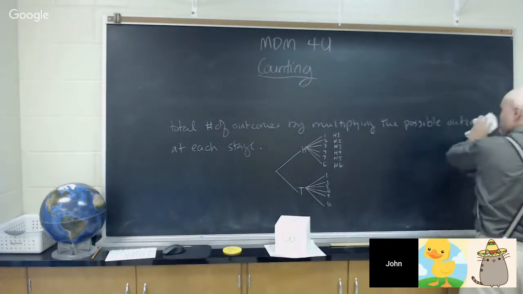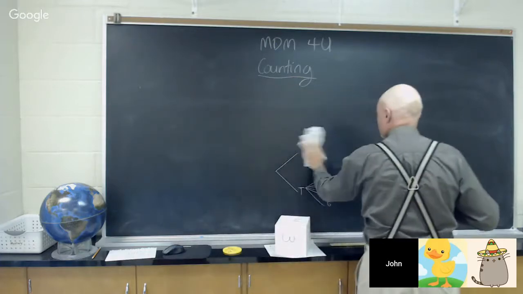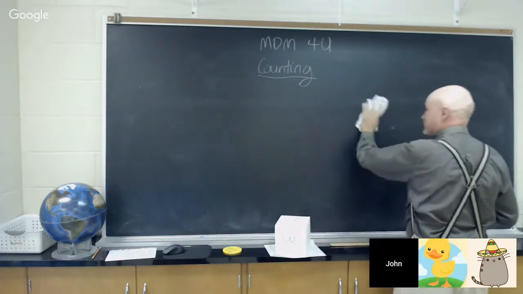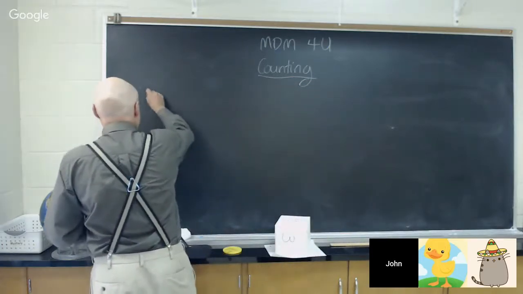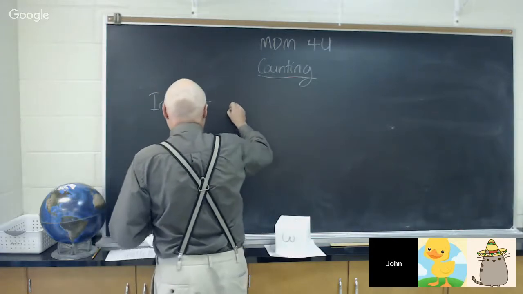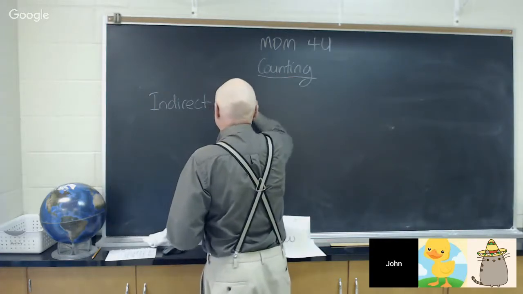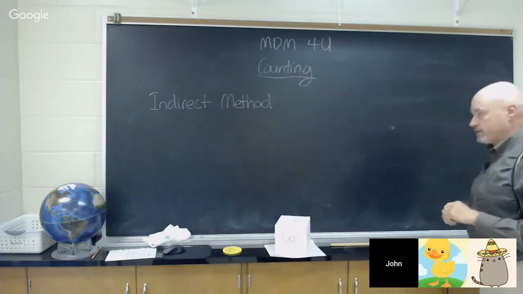Now we're going on to indirect counting, which seems simple, is really pretty useful, and is really useful when you get into trying to find the number of outcomes when some of them are difficult to calculate.